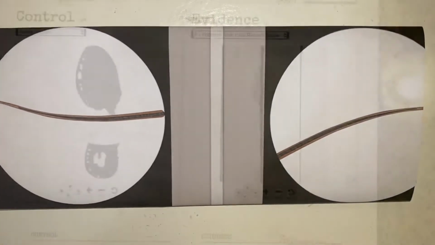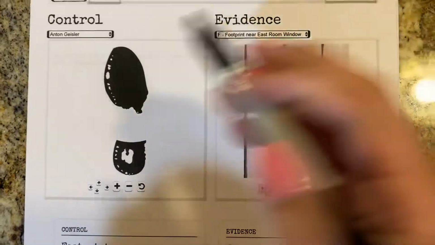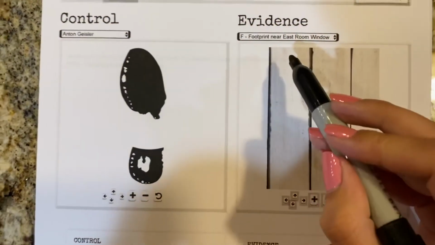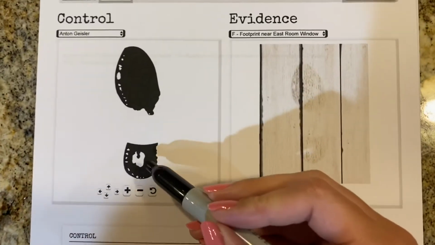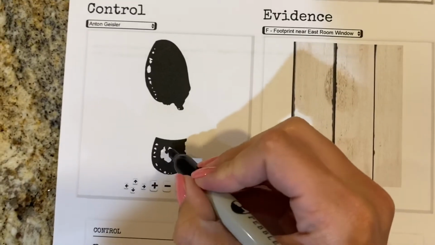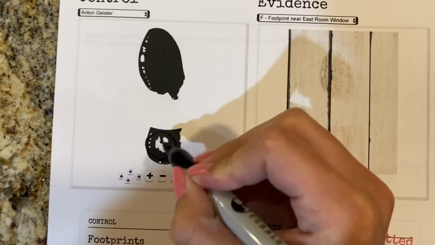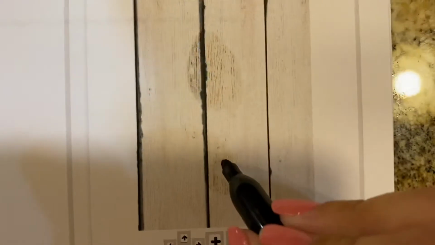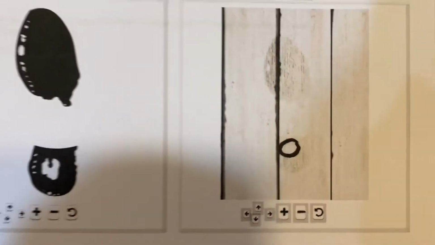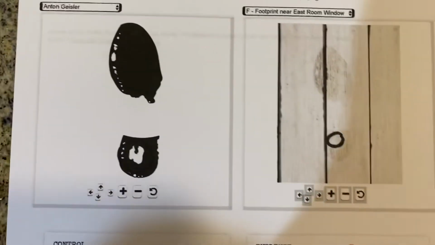First footprint I will be comparing is the footprint of Anton Geisler's found near the East Room window. Starting with Anton's footprint, we see that with the shoe he was wearing, there is a mark resembling this shape. If we look closely, we can see this mark right here on the heel of his shoe.